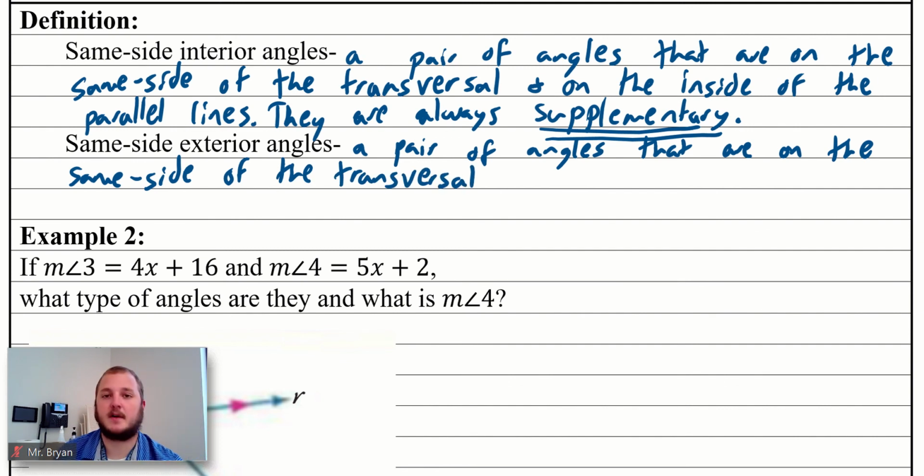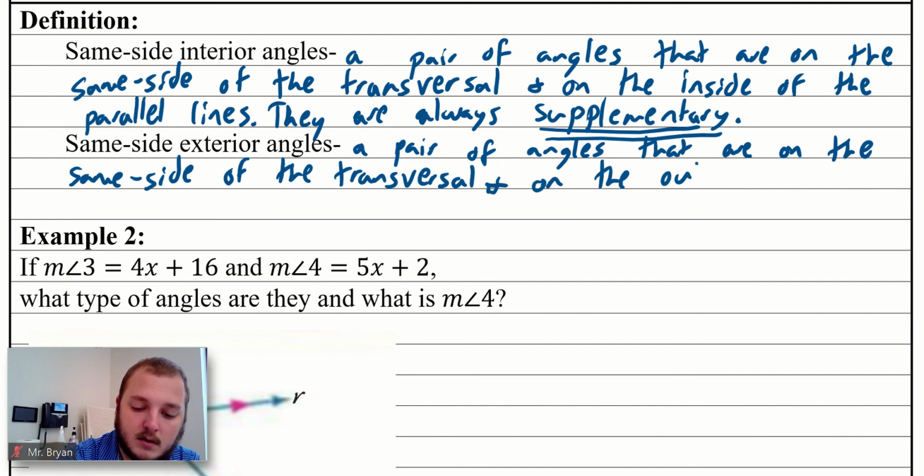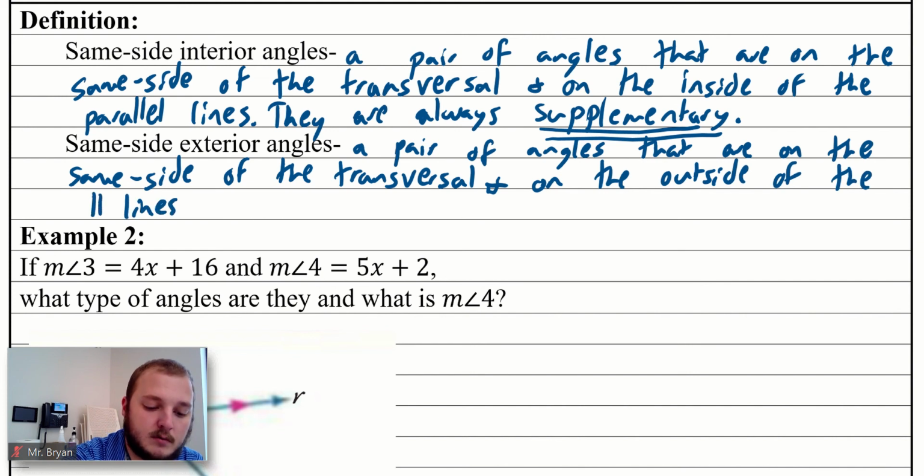And then just to cap this off, remember since it's exterior, we're talking about the outside. So and on the outside of the parallel lines. And I'm going to use the little parallel symbol again to describe that, parallel lines. Okay, so again, just writing the definition, which basically just comes from the name.